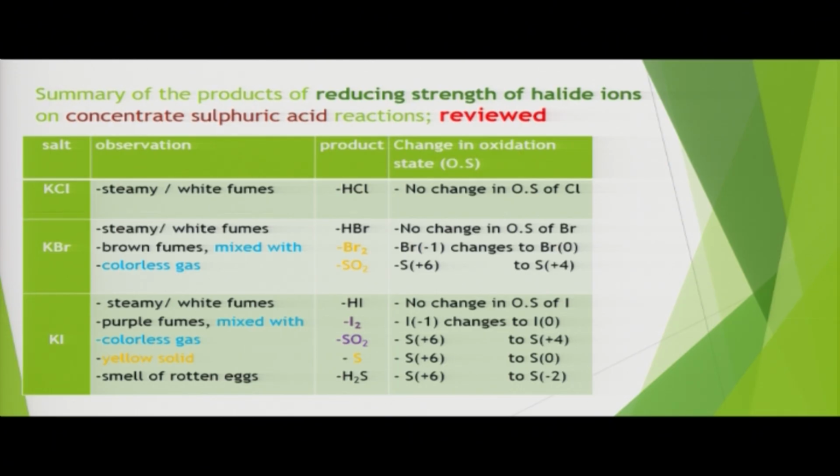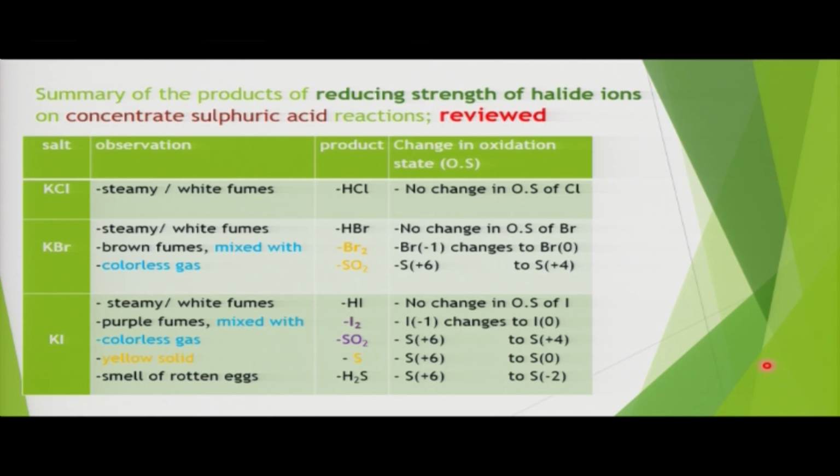And when the atom has already gained an electron forming a halide, or an anion, the anion can lose the electron in the presence of an oxidizing agent. So we used an example of sulfuric acid to check the reducing strength of the halide ions, as you can see on our slide.